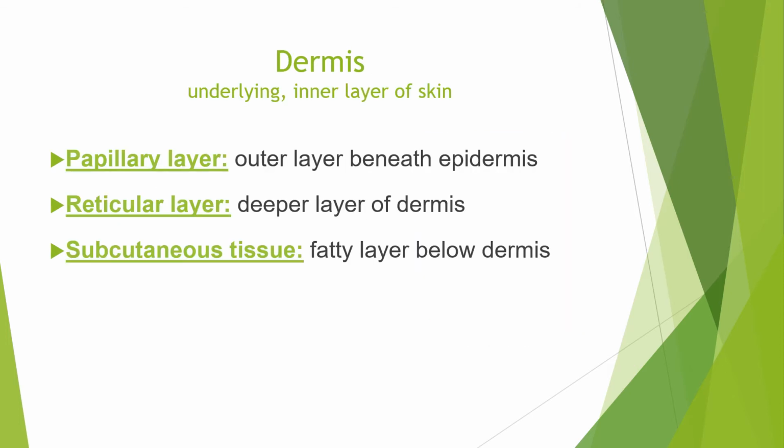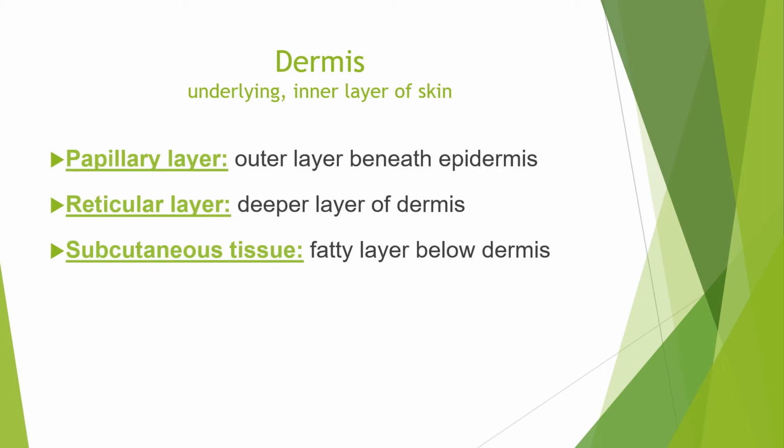The dermis is the second layer of skin. It's the underlying inner layer of skin. Housed in the dermis is the papillary layer, the outermost layer of the dermis, lying directly beneath the epidermis. It contains small cone-shaped projections of elastic tissue that point upward to the epidermis, called papillae.